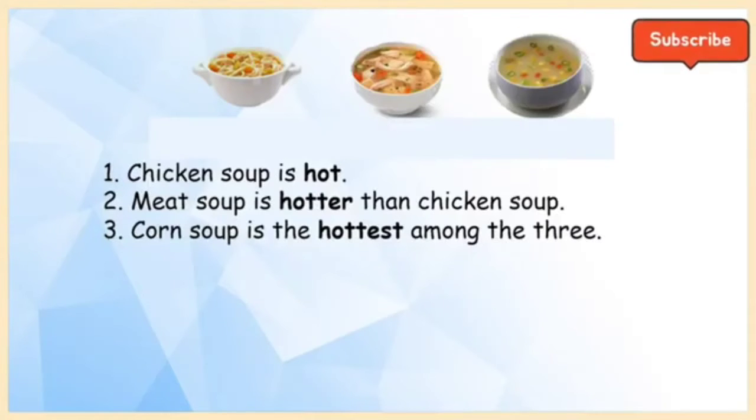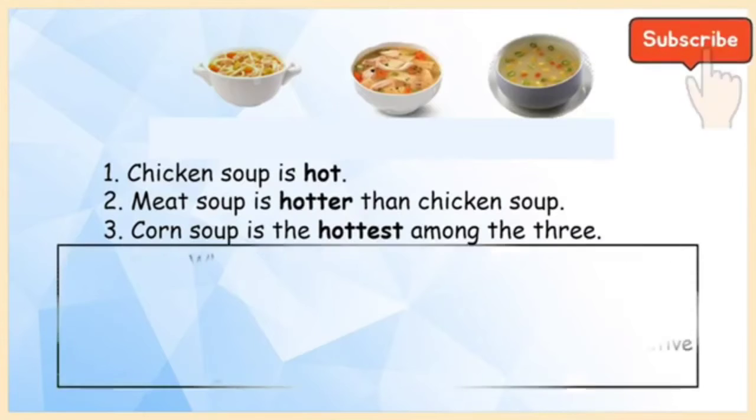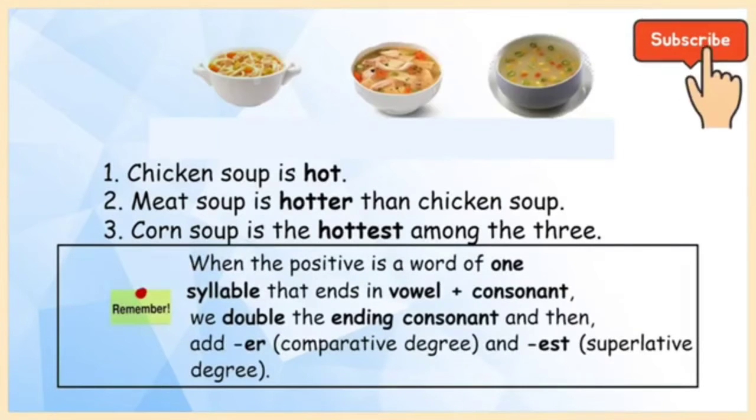In sentence 3, which is superlative degree, what is added to the word hot? When the positive is a word of one syllable that ends in vowel plus consonant, we double the ending consonant and then add ER for comparative degree and EST for superlative degree.